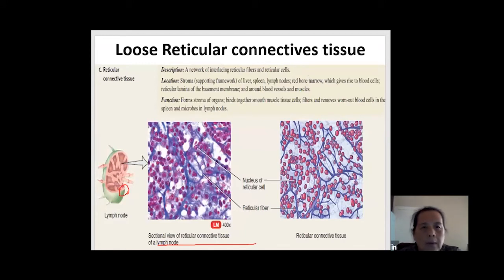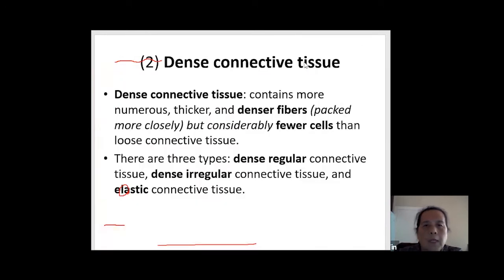It can also come from lymph nodules, where we have more cells compared with the last picture, and a little bit more fiber. But that still belongs to loose. So we have different shapes coming from different parts of the body, all loose connective tissue.